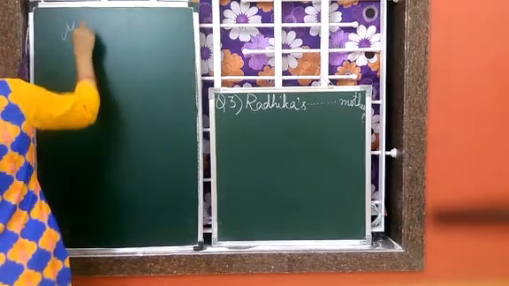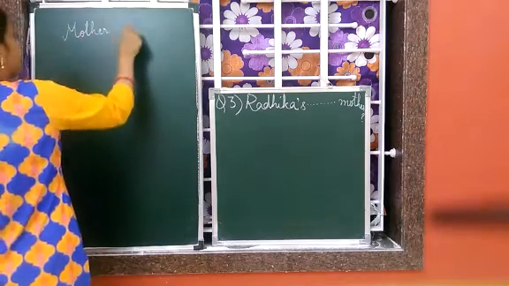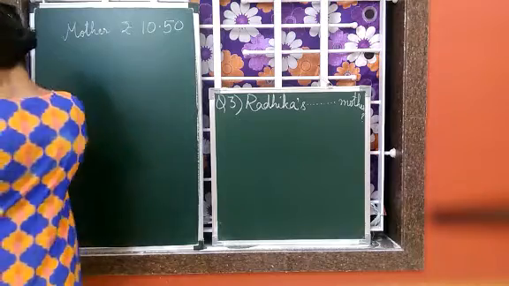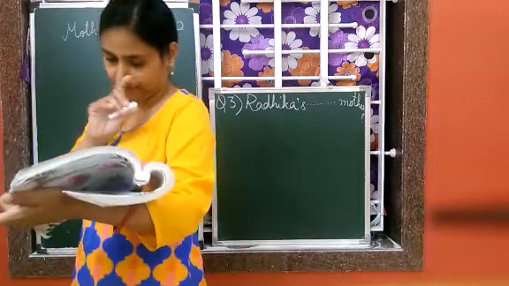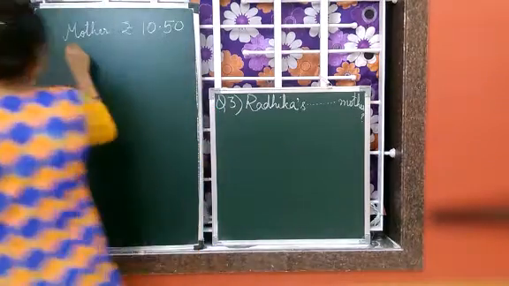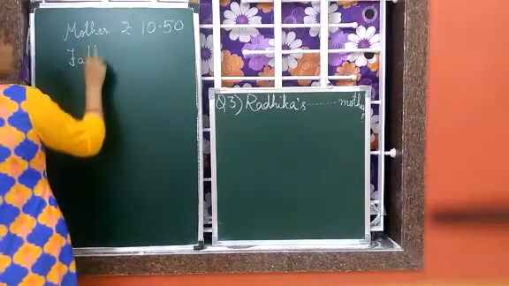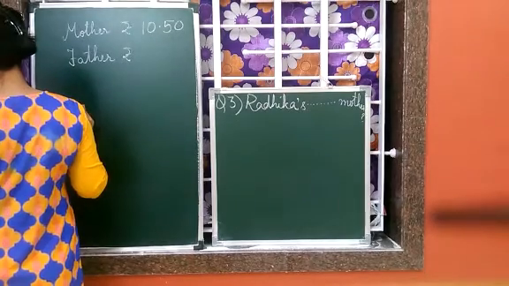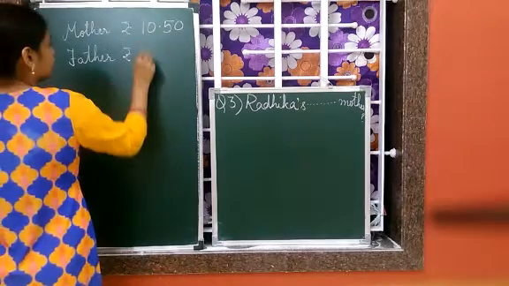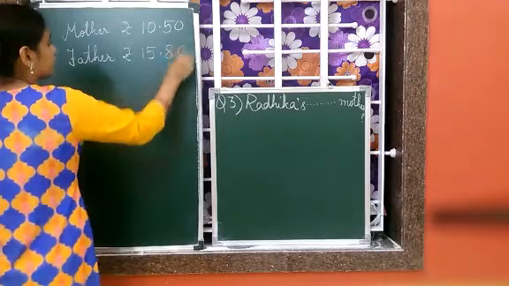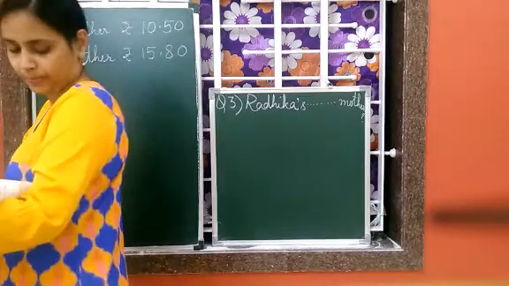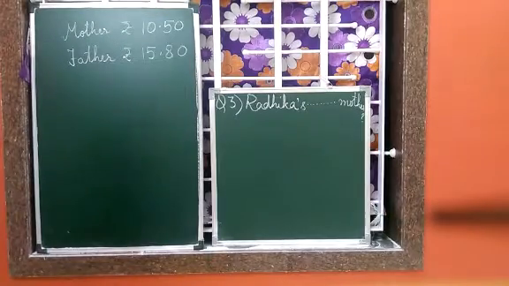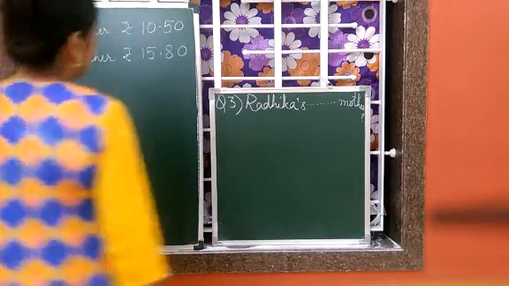So mother is giving the money, rupees 10.50, and father gave her, the father also gave her money. Wow, lucky. Radhika is very lucky. Mother and father both are giving money. Rupees 15.80. Okay. Then find the total amount given to Radhika by her parents.